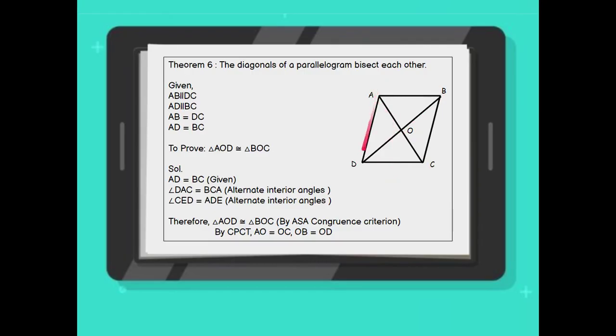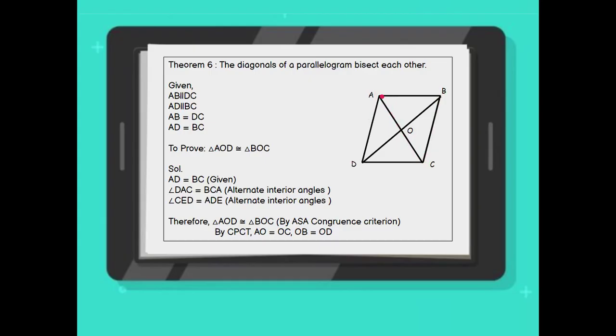I know that AD is equal to BC, which is given. Opposite sides are equal, and angle DAC is equal to angle BCA.